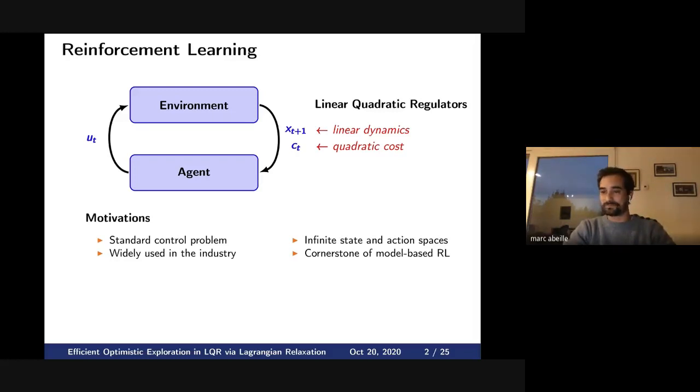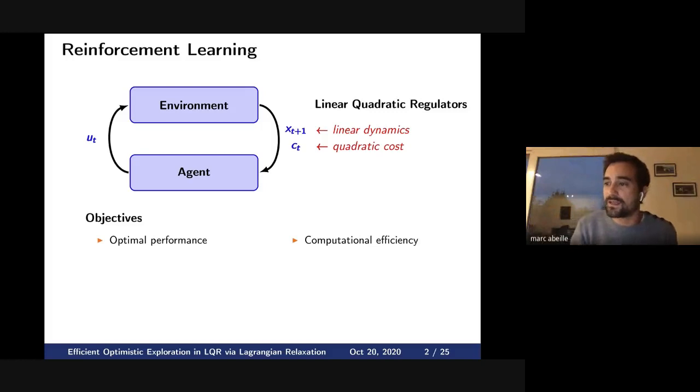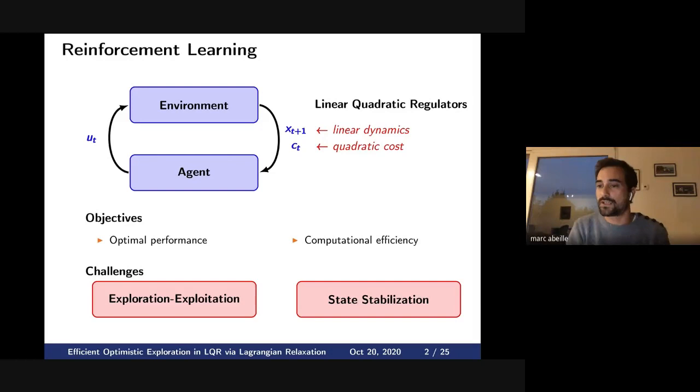Because of this theoretical and practical importance of linear quadratic regulators, the objective when designing a reinforcement learning strategy, which we have to keep in mind, is to offer optimal or close to optimal performance, while remaining as computationally efficient as we can, because those strategies are used in the real world. To do so, we face two main challenges. First, we have the well-known exploration-exploitation dilemma to address, because we are controlling an unknown environment.